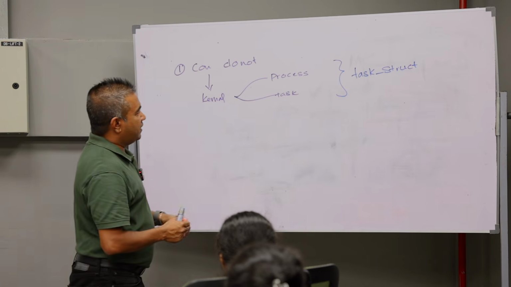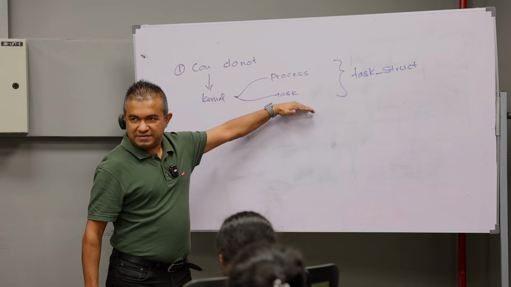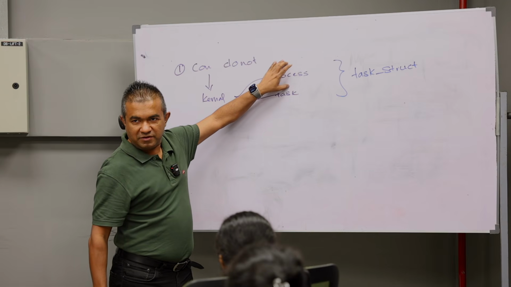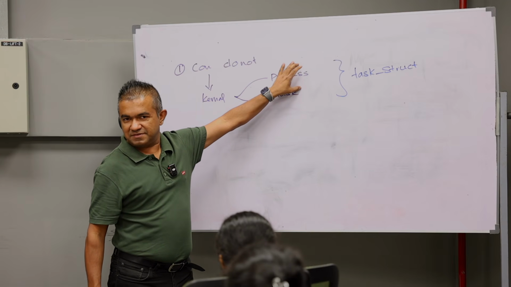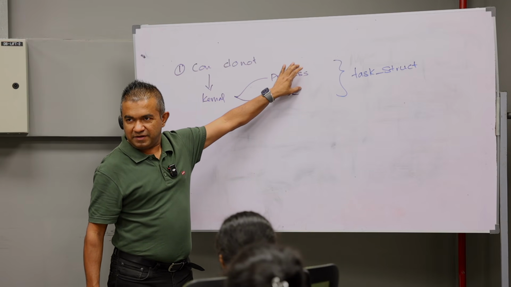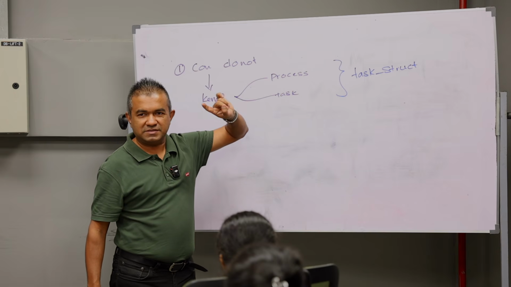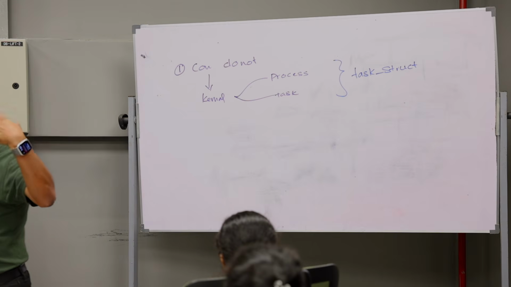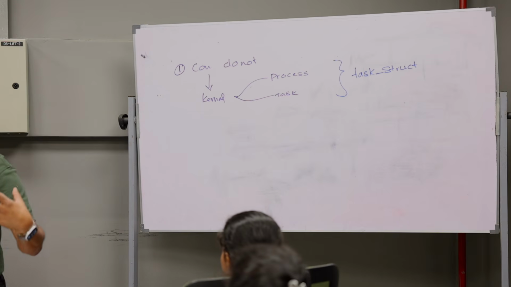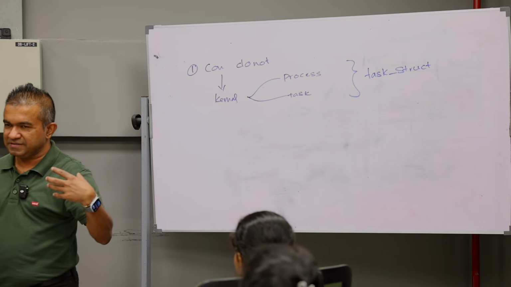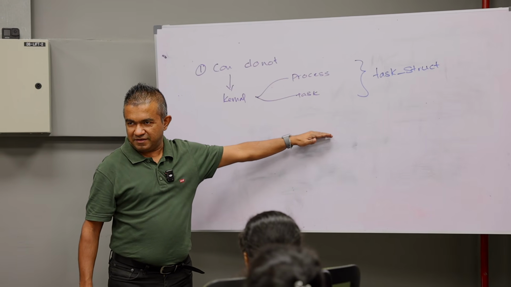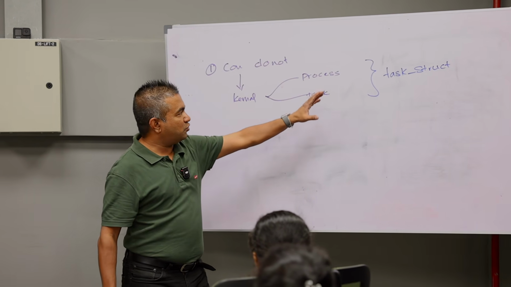The main difference is that a process runs in its own space. Remember we discussed process creation in a previous session. When you start the Docker container, it does fork and exec, so it creates the process.